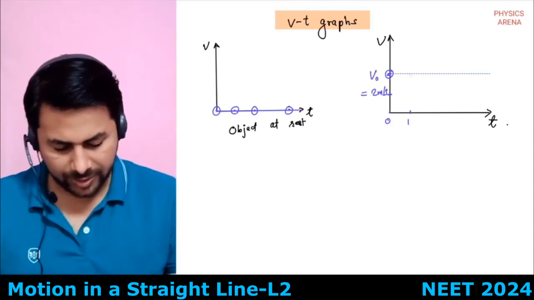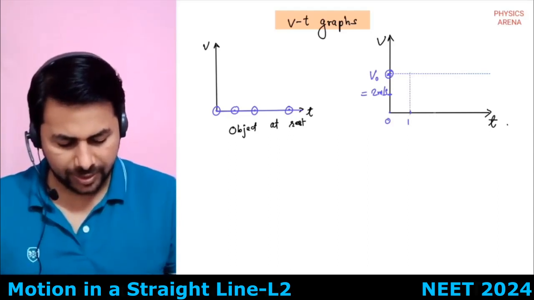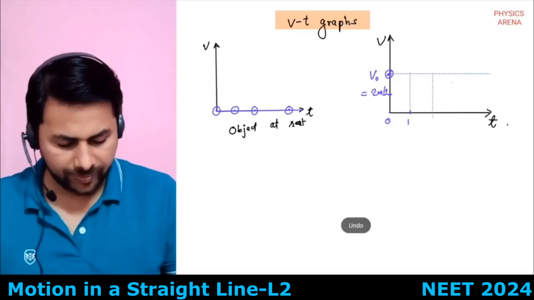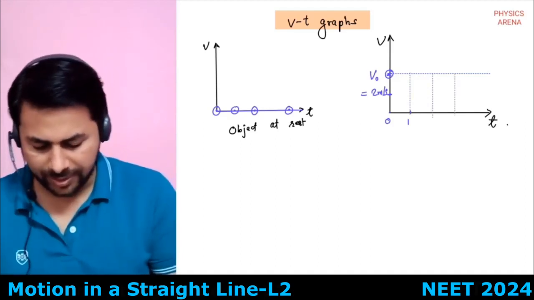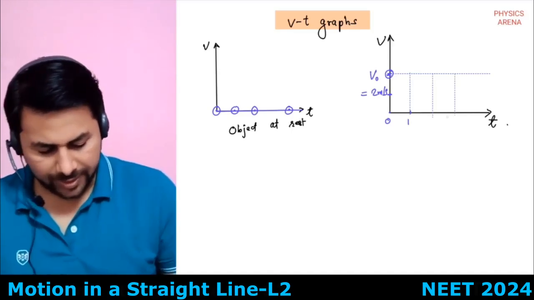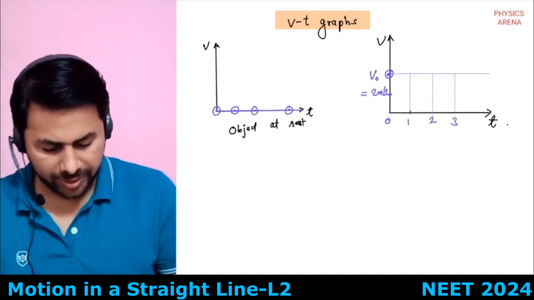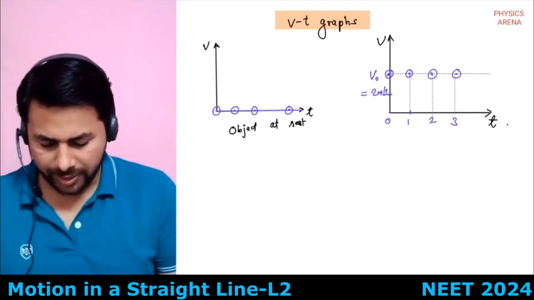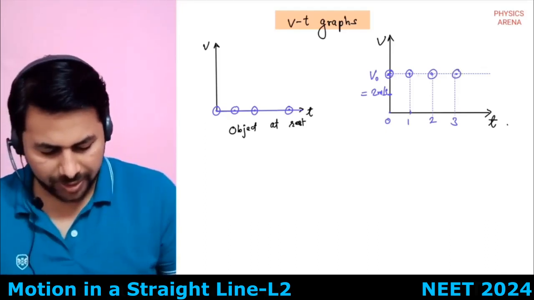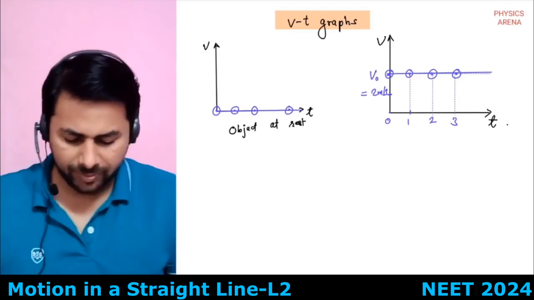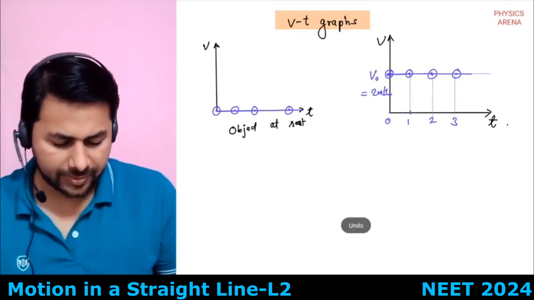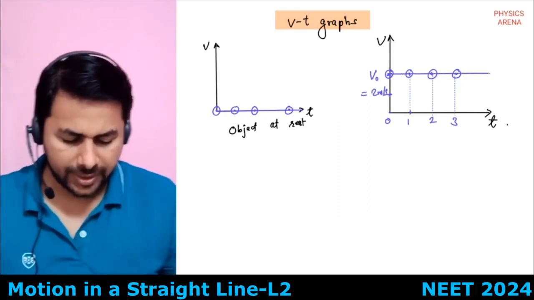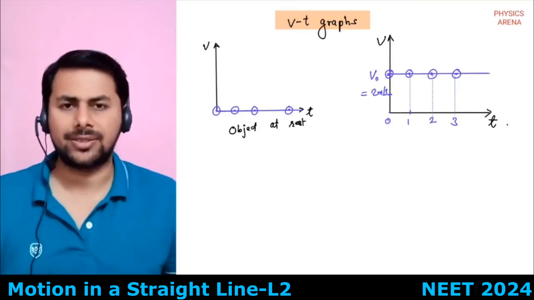At t equals to 1, 2, 3, it is the same. So this is 1, 2, 3, and the velocity is v naught, v naught, v naught. If you join these points, you will get a straight line parallel to time axis.